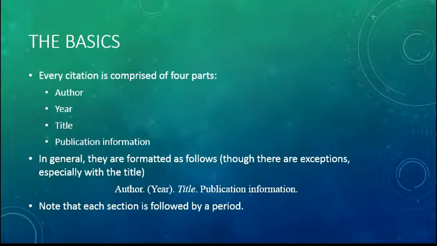The formatting is very, very important though, because it does tell your reader a lot. So just as an example, if we were going to be talking about a book source, whether the title was italicized or not would let your reader know whether you're talking about the entire book or just a chapter in it. Okay, and it is also important to note that each of these sections is followed by a period, so make sure you don't forget those.